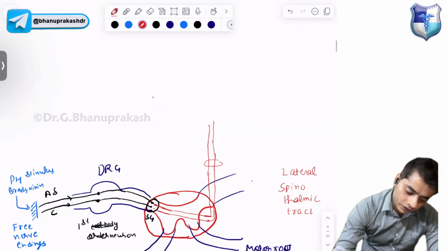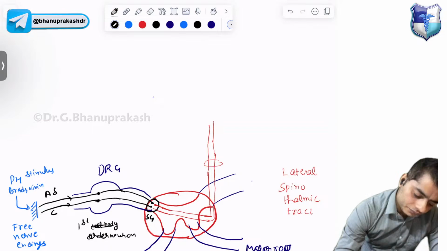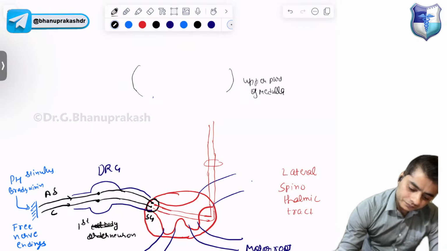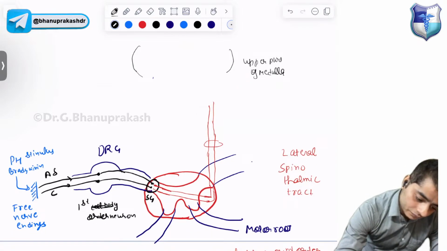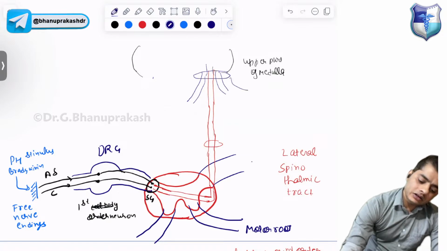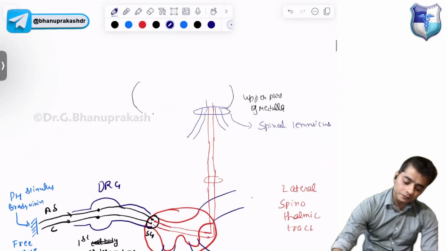So we'll move further. Now suppose this is the upper part of medulla, where these fibers are joined by other fibers and they are known as spinal lemniscus.